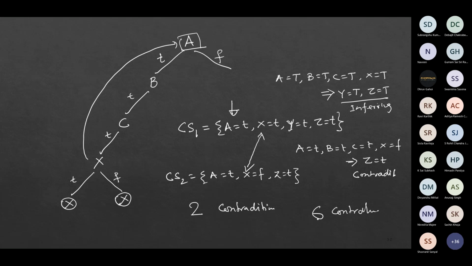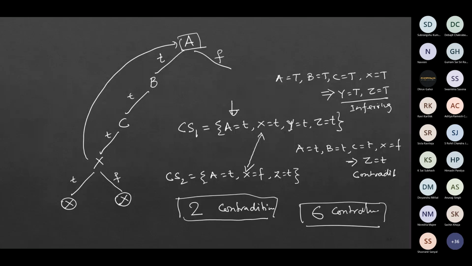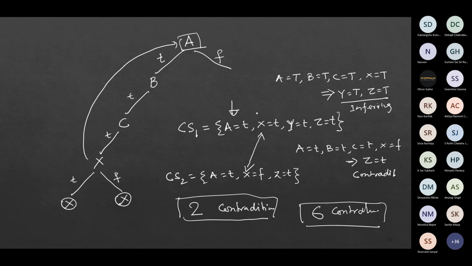With DPLL we found this culprit after 6 contradictions, and in this non-chronological backtracking, we are able to find out that A is the culprit by encountering only 2 contradictions, right? Again, I have left some things unaddressed, like how do we rule out this B and C? We'll do that later. Just now developing the background.